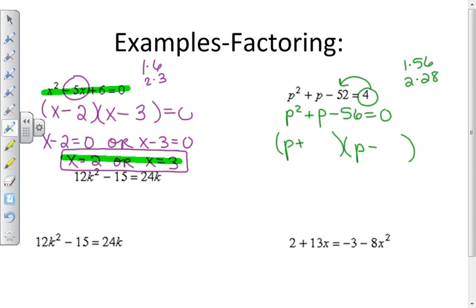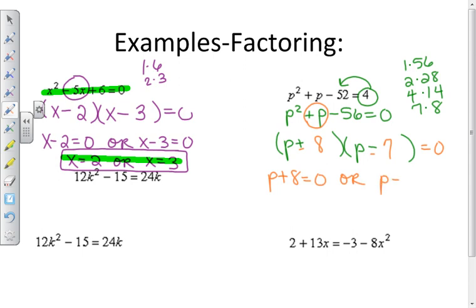And how am I going to make positive 1 when I am subtracting? Obviously 8 and 7. Set each quantity equal to 0. Solve each quantity. P could be negative 8 or P could be 7.